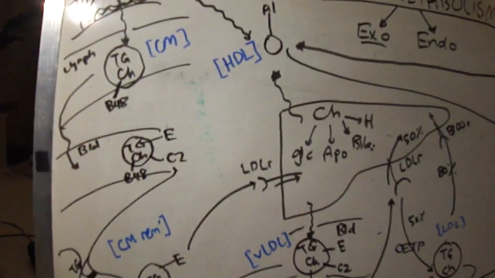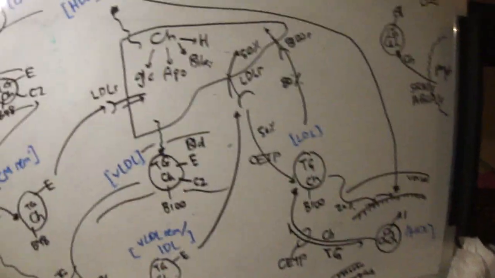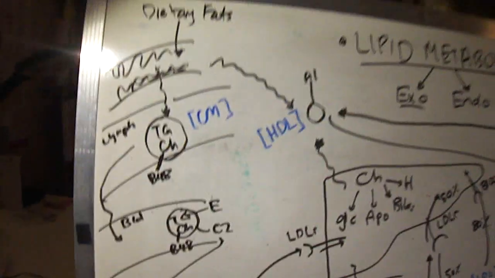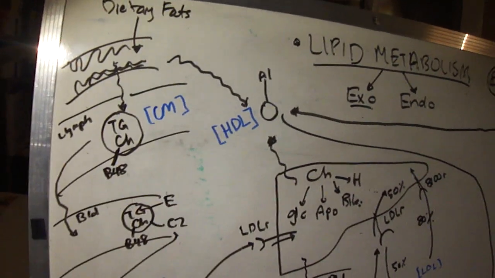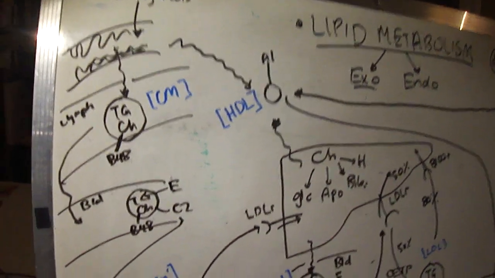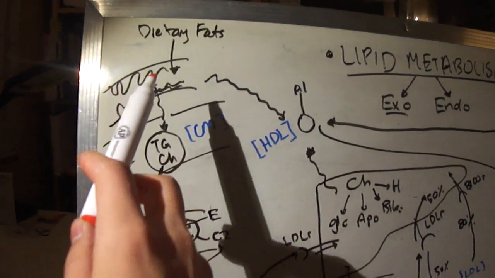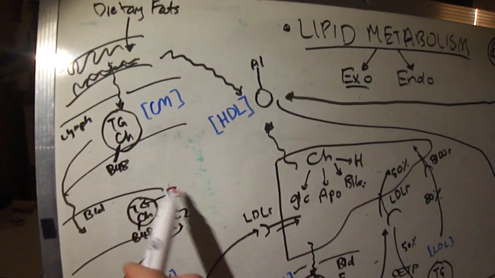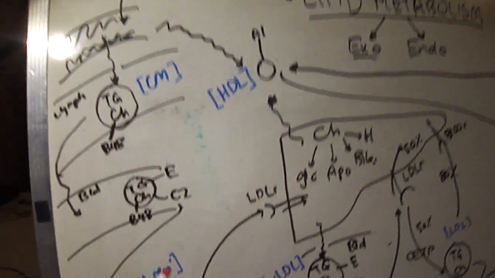And the first area that we want to look at is the exogenous pathway. So the exogenous pathway makes chylomicrons, goes in the blood, gets a bunch of apolipoproteins.